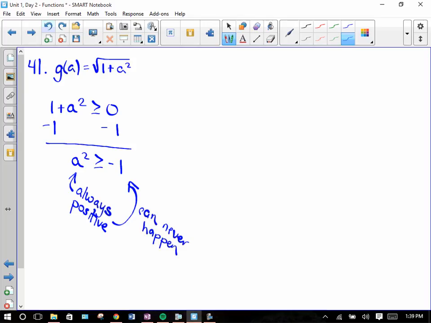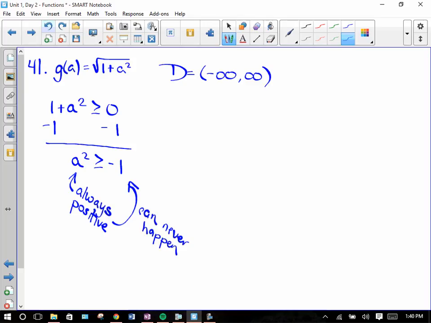That would always be the case when you have a positive number plus a squared, or plus 3a squared, or plus 5a squared. So since we find out that a squared is always going to be greater than -1, our domain here is equal to negative infinity to infinity, because it can be any number we want.